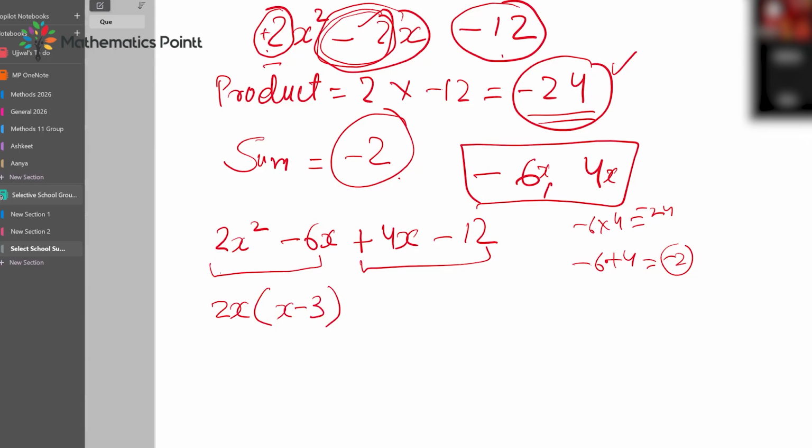Yes. What's the common factor out of these two terms here, the second pair? 4. Can I say x minus 3? I'm going super slow here, all right?